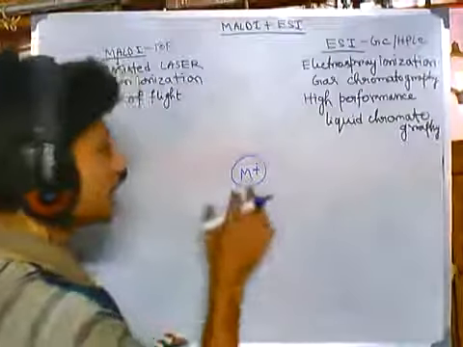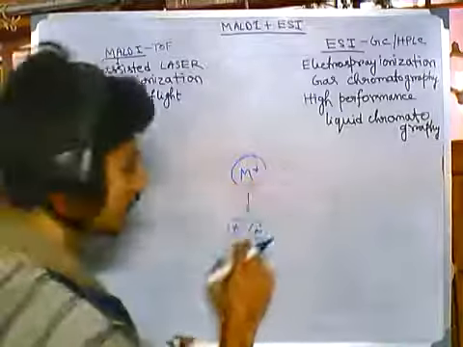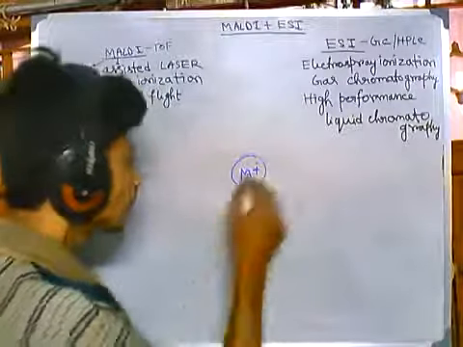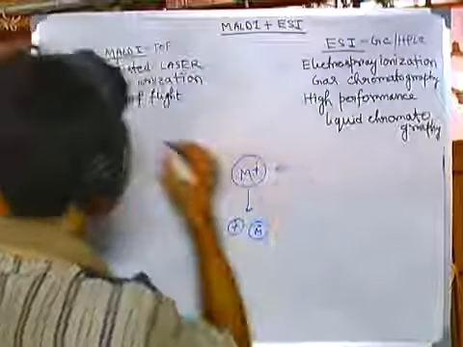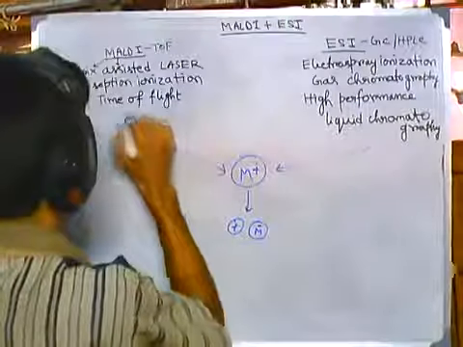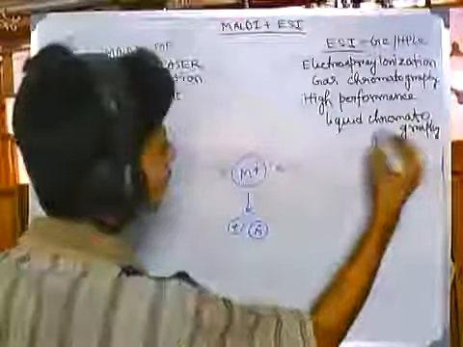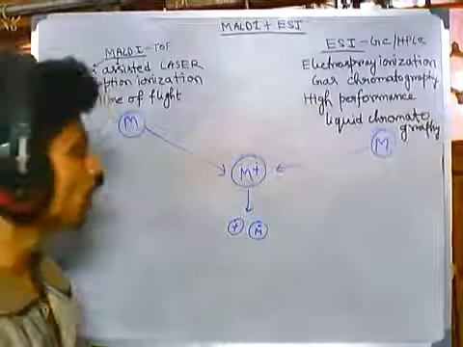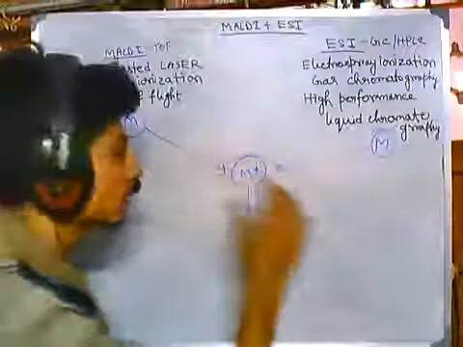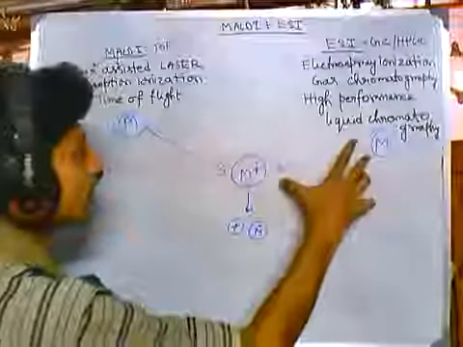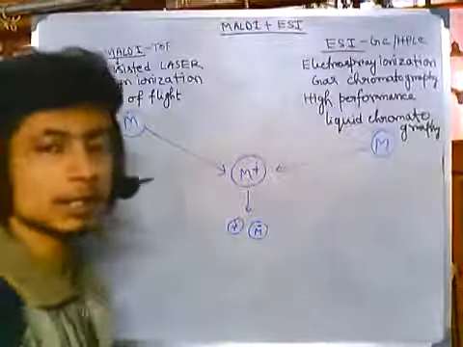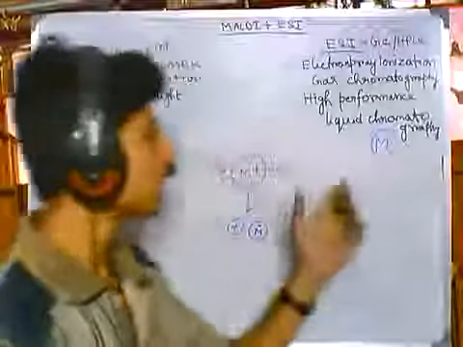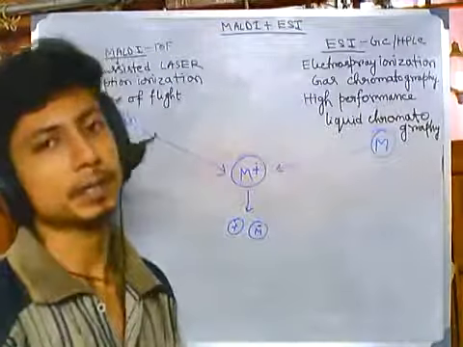So we must have this parent ion first. These are the fragment ions. We need to generate it from a sample or a molecule of our interest. This is our goal. The process will vary only in the conversion of M to M plus, and here also M to M plus. In any kind of mass spec, this part will vary; the rest remains the same.